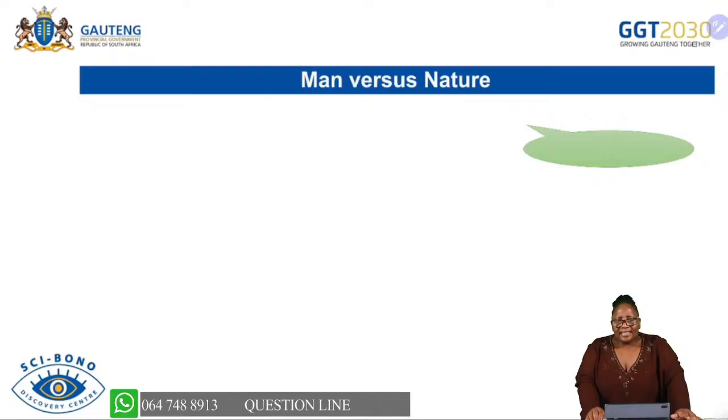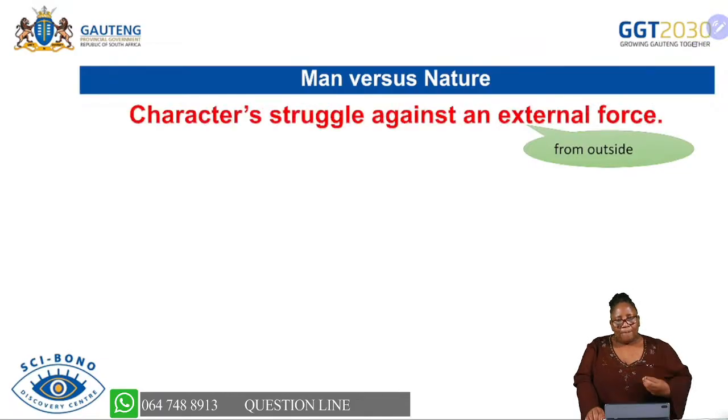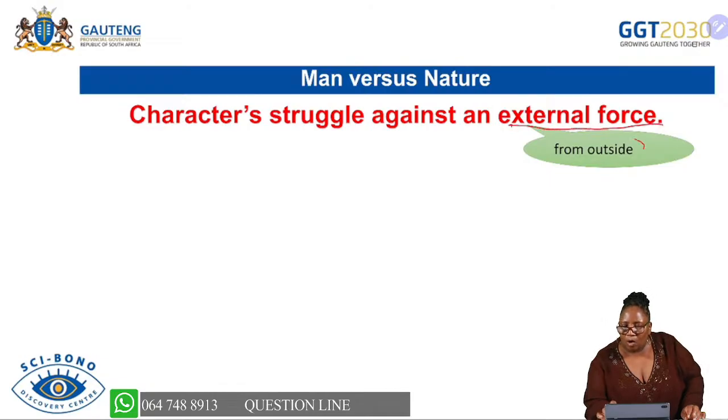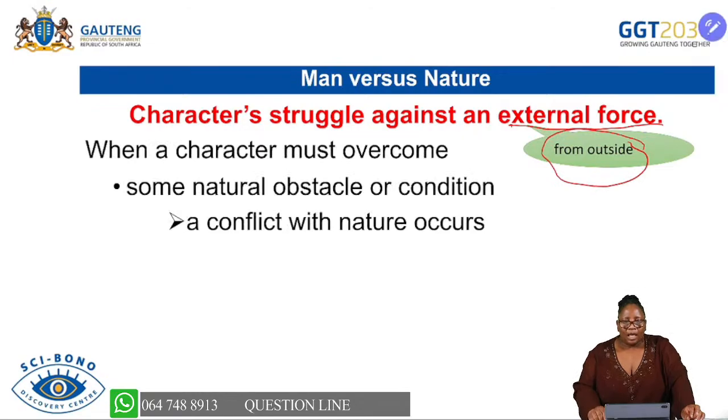Man versus nature. This is conflict that is happening between a character who is struggling against an external force or an outside force. When a character must overcome some natural obstacle or condition or a conflict with nature or curse.